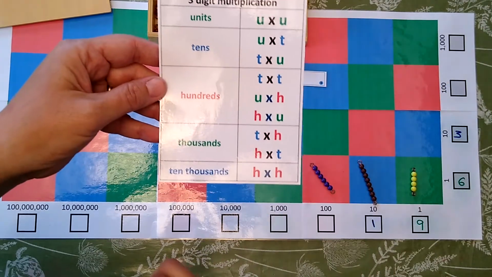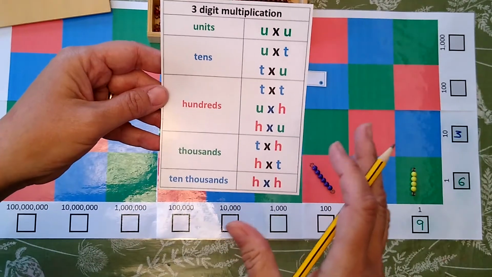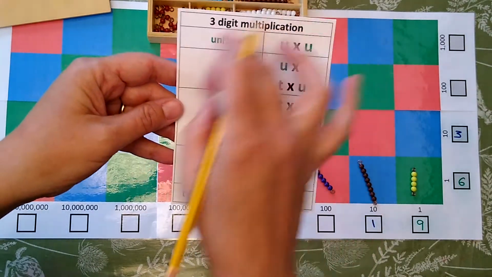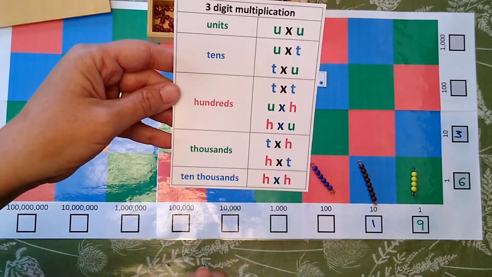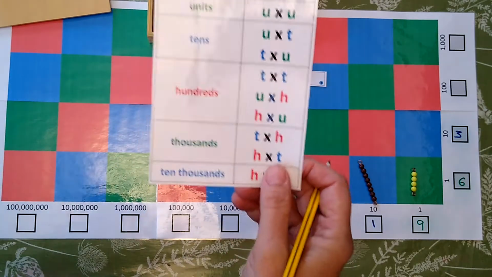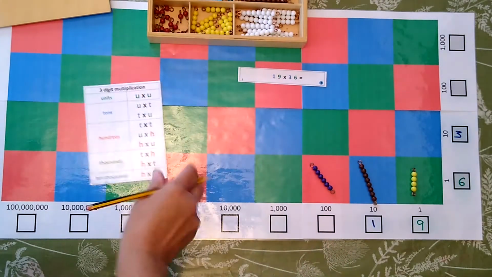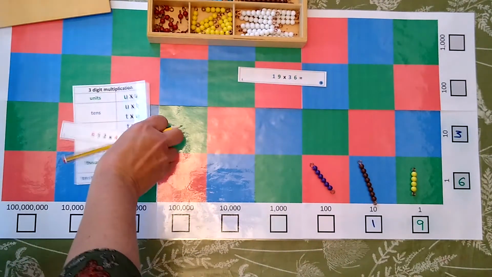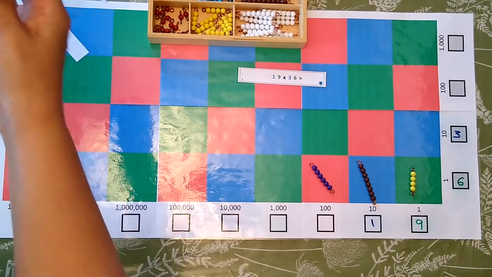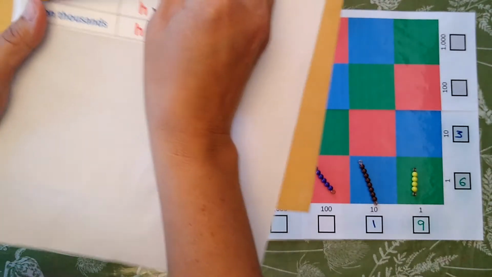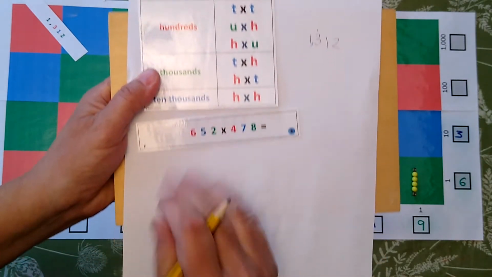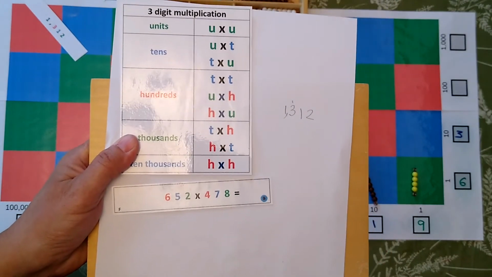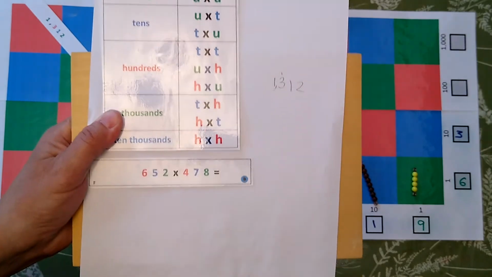And once they've gone through the process of exploring that and working it out for themselves, they can then use this card or make a copy of it in their books and use this to help them with their 3-digit multiplication. And then they should be able to take a question that is multiplying 3 digits by 3 digits and work through it.